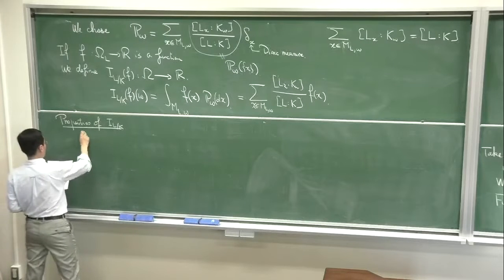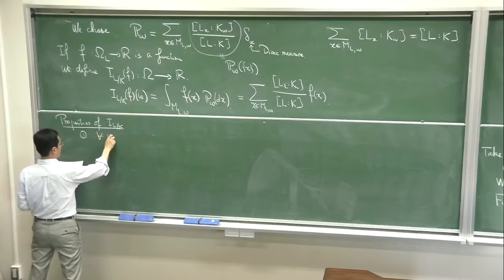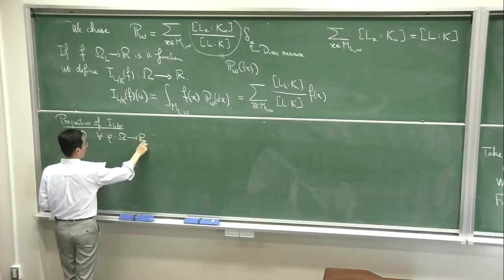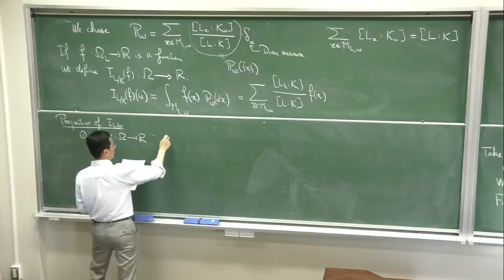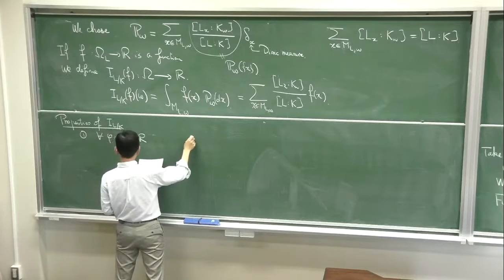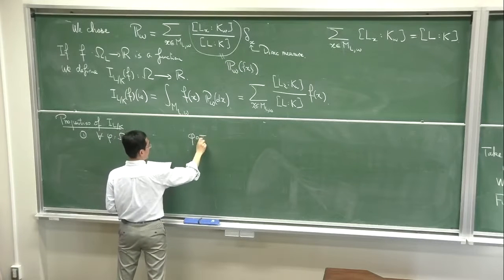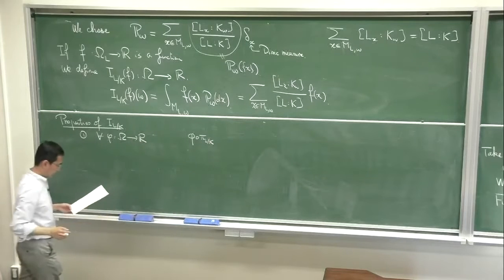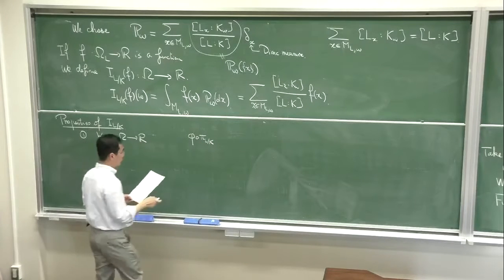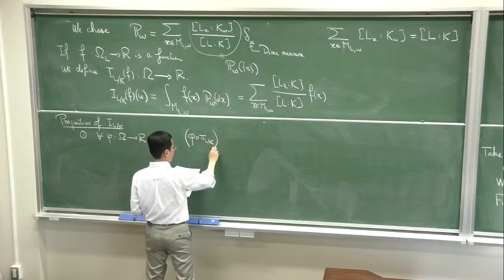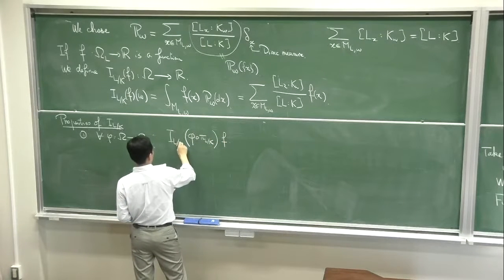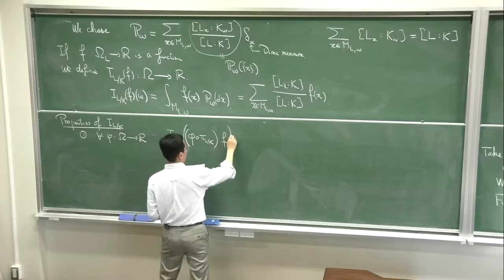For any function phi defined on omega, you can consider phi composed with pi_{L/K} to obtain the function on omega_L, and then you multiply by f, and you compute I_{L/K} of this one.